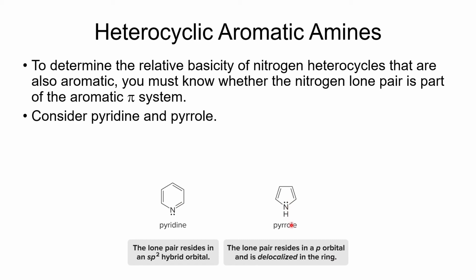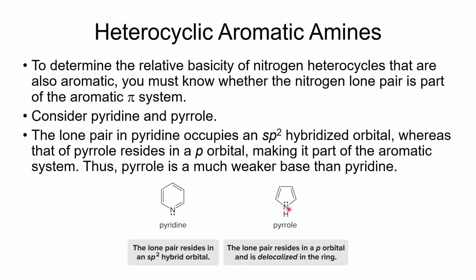By contrast, pyrrole has a lone pair of electrons that is in a p orbital. As you can see, we've got 4 pi electrons that come from the double bonds. We need 2 more electrons to make this aromatic, so we're going to use the 2 electrons from this lone pair.